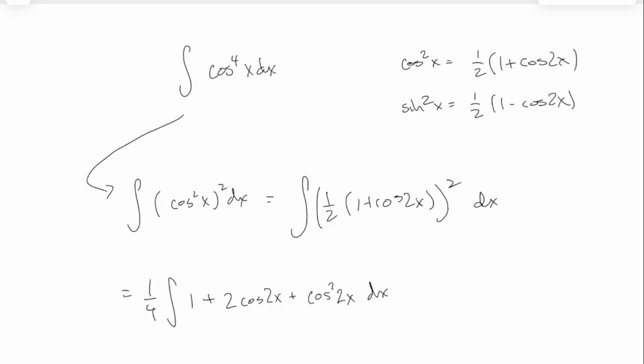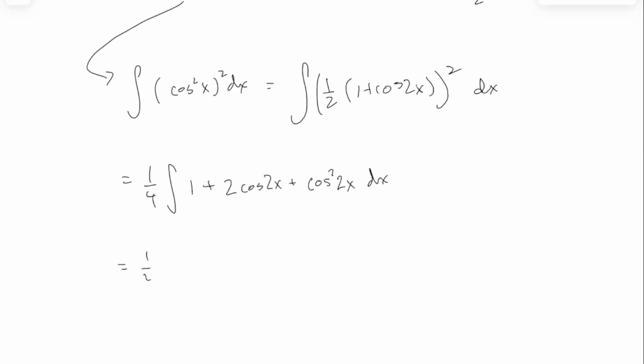What'd you do next? Yep. You made the cosine squared 2x into another identity. Yes, do that first formula again, this one up in the corner, but this time applied to cosine squared of 2x, and it will turn into some kind of cosine of 4x. So I got 1/4 out here, integral 1 plus 2 cosine 2x plus, here's that formula again, 1 plus, now it says cosine 4x.